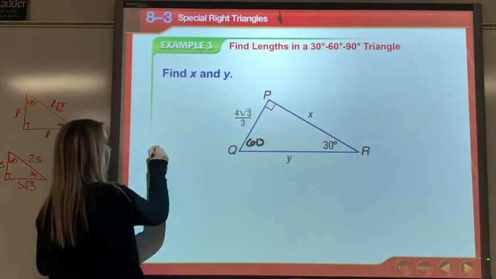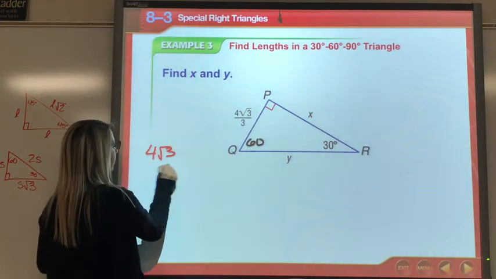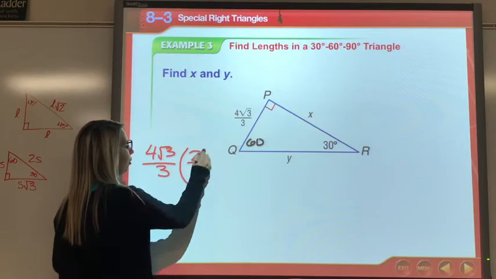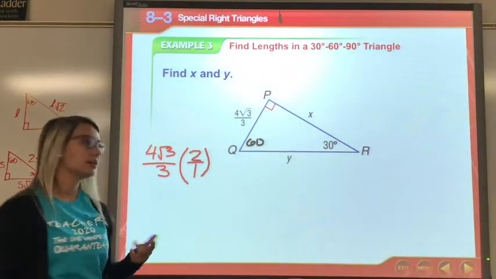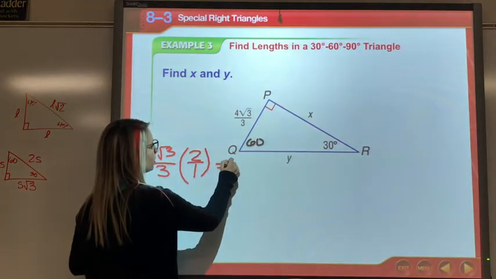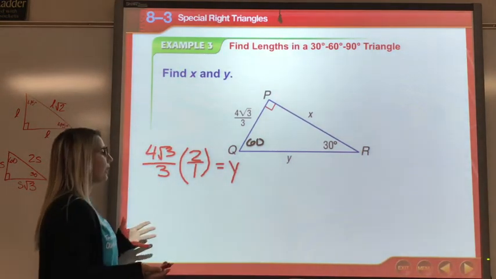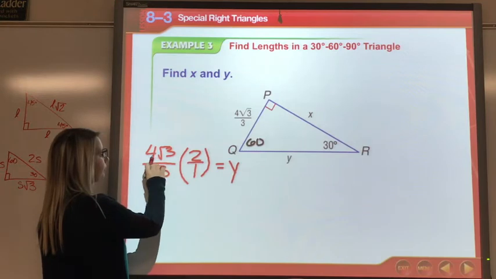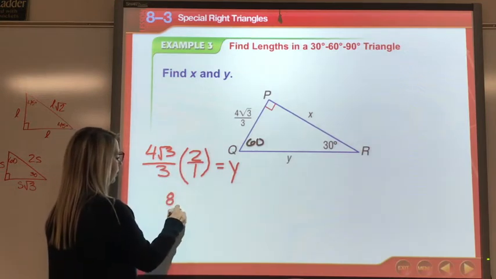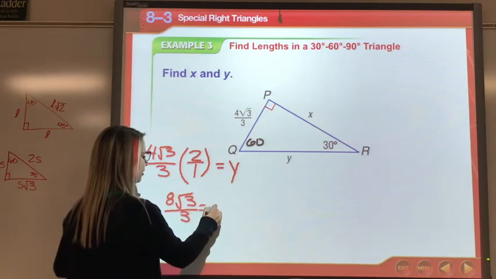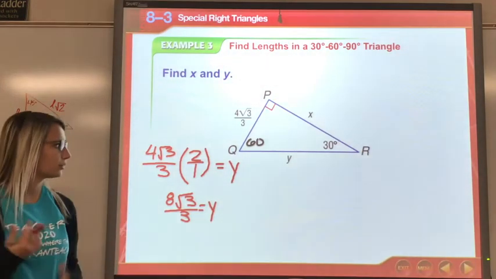So if we take 4 root 3 over 3, we're going to multiply that by 2 over 1 since we're dealing with fractions. Okay, that equals y, because y is our hypotenuse. Okay, if we go ahead and solve this out, we get 4 times 2, so 8 root 3 over 3, and that's what our long side, or our hypotenuse is.